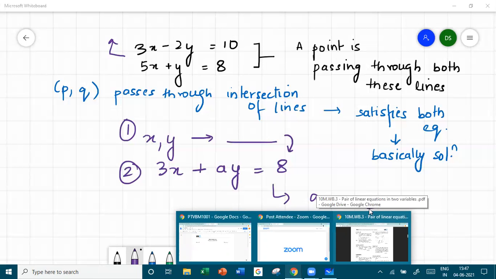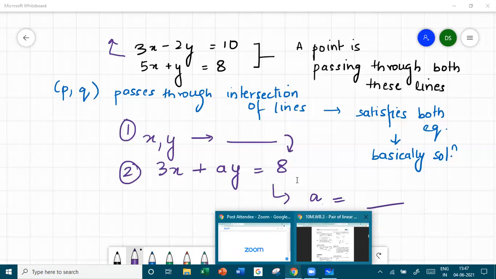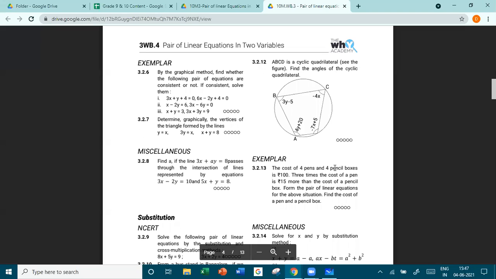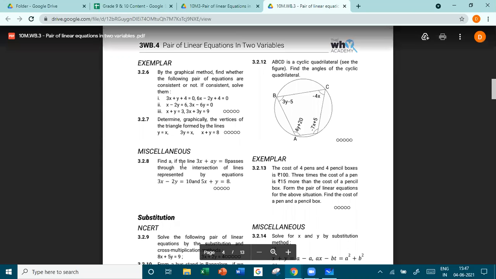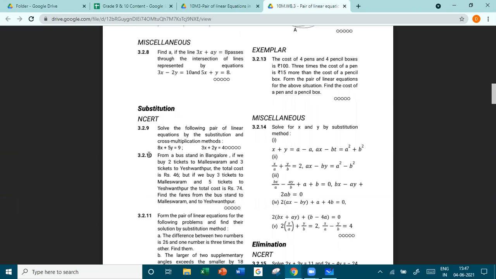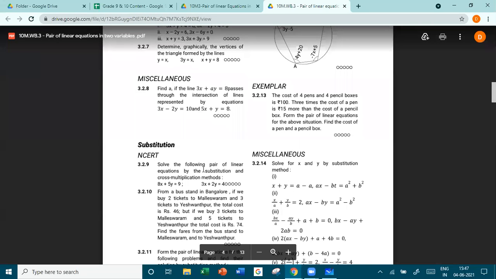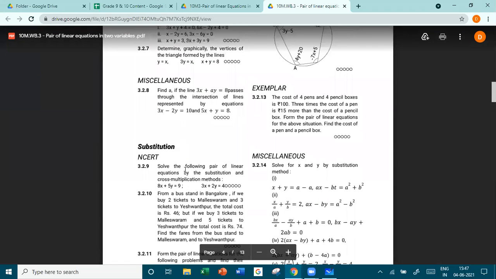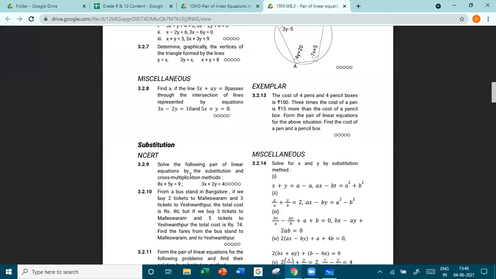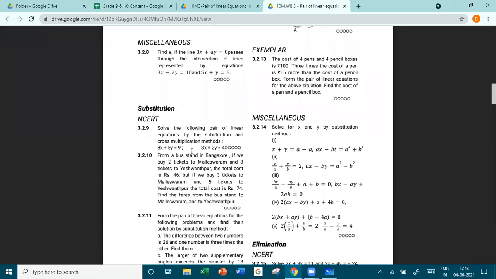Shall we go on to the next question? Yes, ma'am. So we did the eighth one. Solve the following pair of linear equations by substitution and cross multiplication.